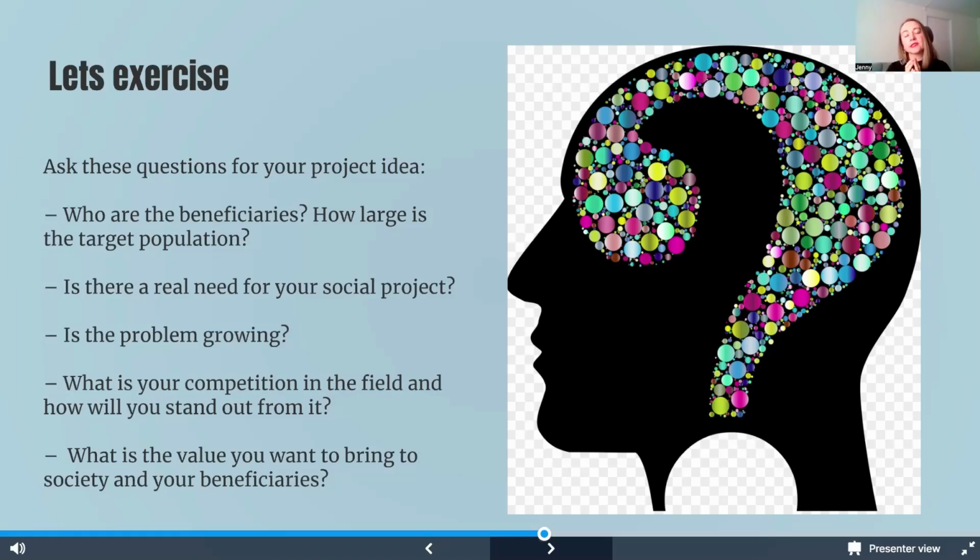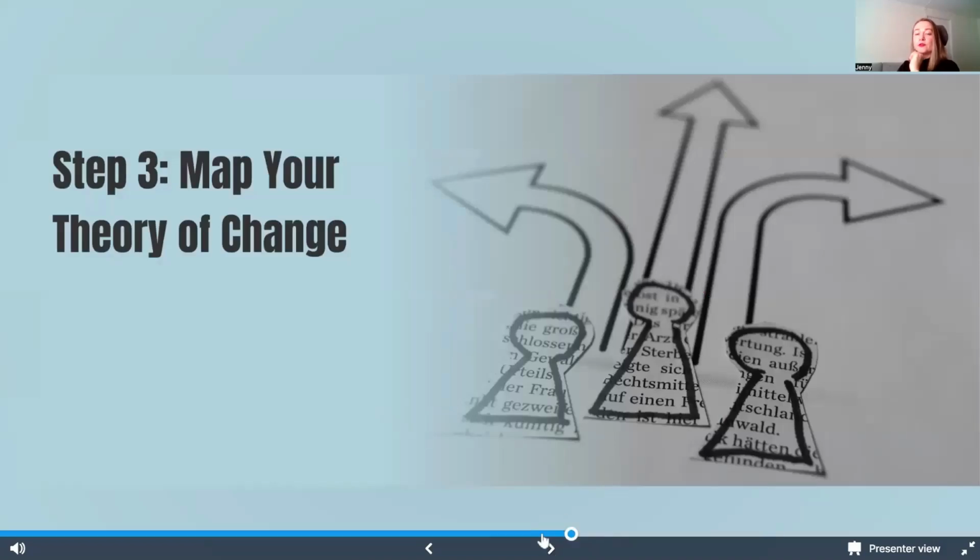And when you have this information, when you have a clear idea, now it's time for the third and final step before you're ready to put all this on paper. The third and final step is map your theory of change.